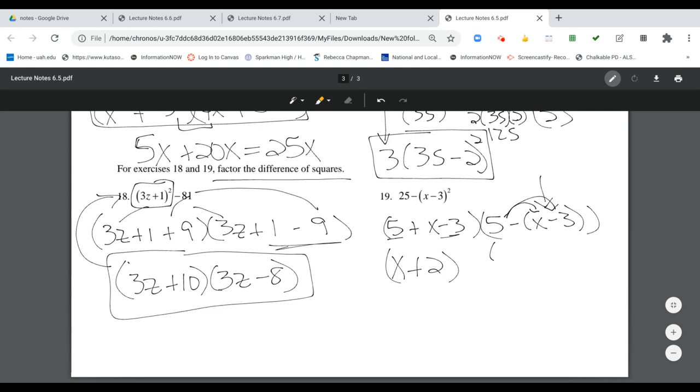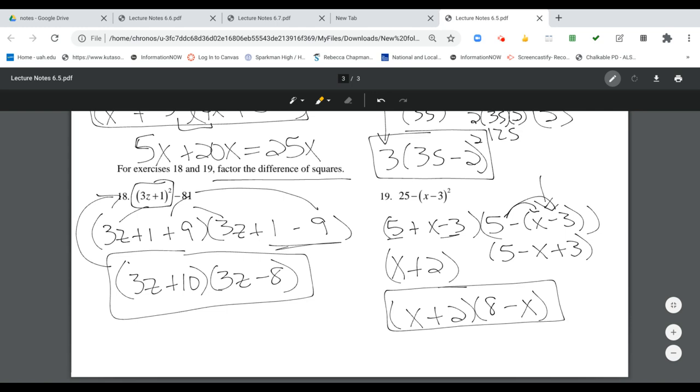Here I have to do a little more work, so that's 5 minus x plus 3. So my factors are going to be my x plus 2, and then I get negative x plus 8, or 8 minus x, whichever way you want to write it.